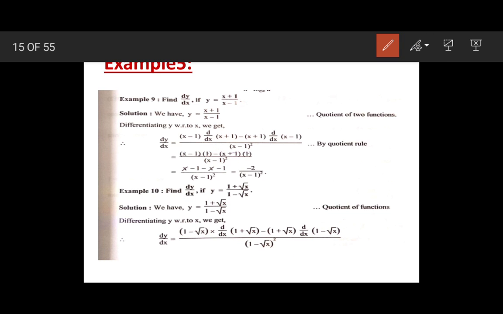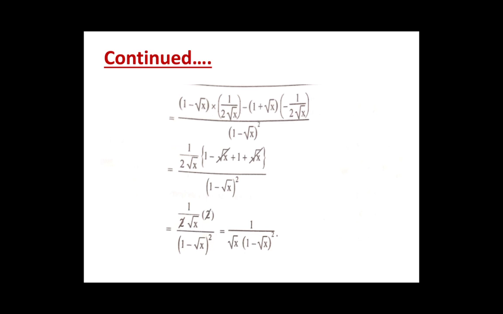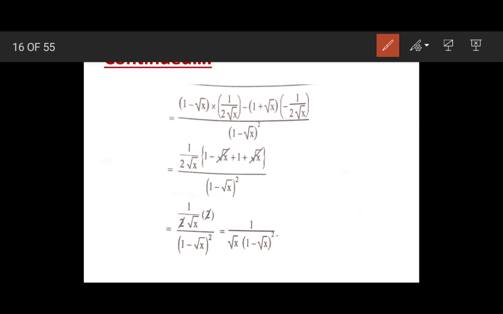Okay, after writing this, 1 minus root x as it is into derivative of root x is 1 upon 2 root x, then minus 1 plus root x as it is, then derivative of 1 is 0 and minus derivative of root x is 1 upon 2 root x, upon 1 minus root x whole square.